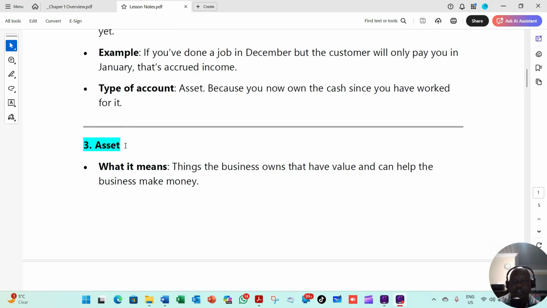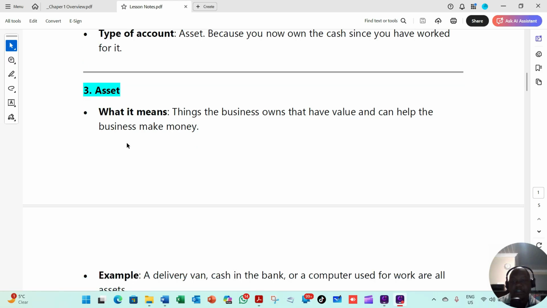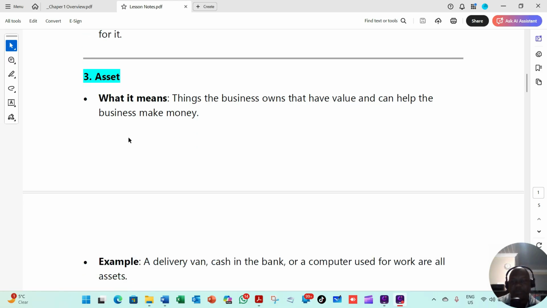Let's move to the next concept, an asset. This is not an account, it's an element in accounting. You remember the accounting equation: assets equals owners' equity plus liabilities. Those we call elements. This is not an account. There are accounts that fall under it. What this means is that these are the things that the business owns.